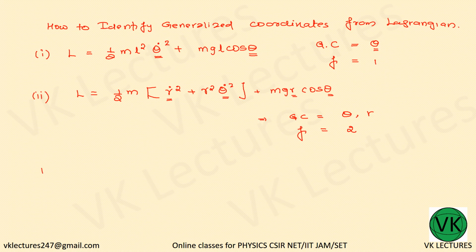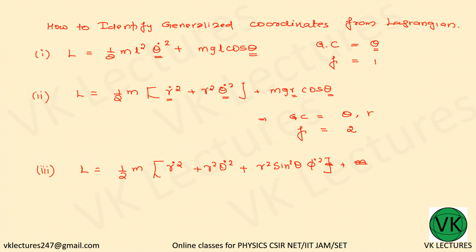Similarly, looking into the third option, Lagrangian is equal to half m (r dot square plus r square theta dot square plus r square sine square theta phi dot squared) plus, so this much only.